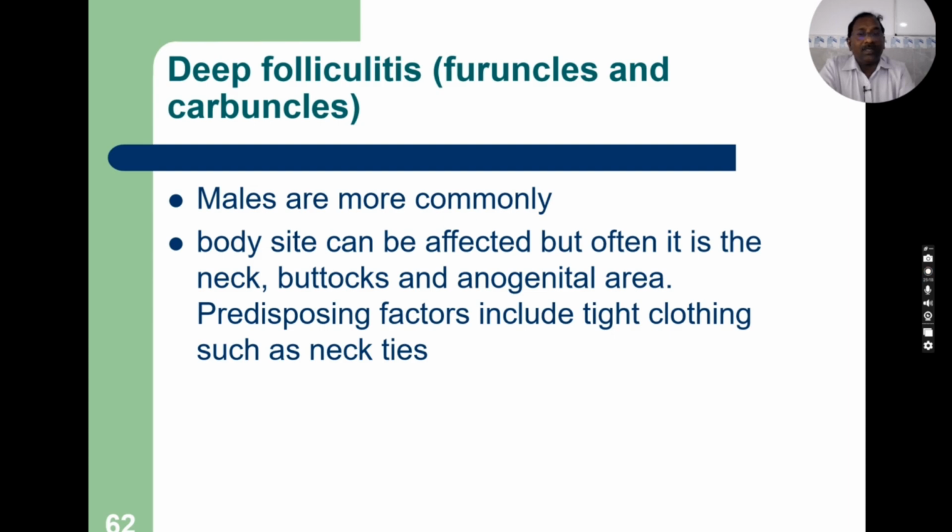In deep folliculitis, males are more commonly affected. Any body site can be affected, but it is the neck, buttocks, and anogenital area. Predisposing factors include tight clothing such as neckties. And in India, the most common underlying cause could be diabetes.